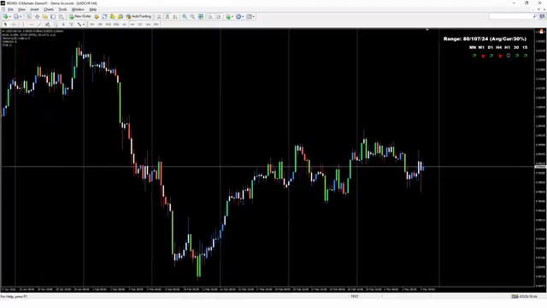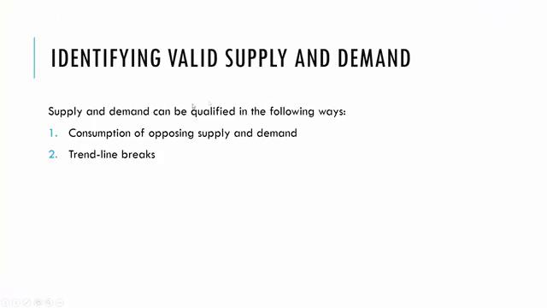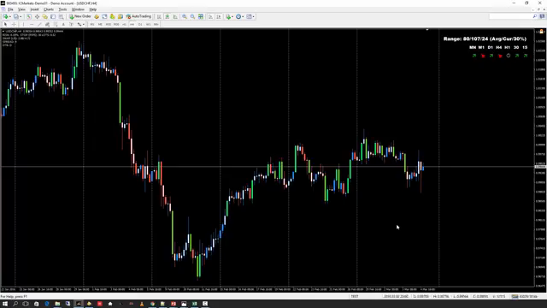And the first rule, which is this one here, consumption of opposing supply and demand. Okay, if we have a look at this area of supply, what is it that makes this area a valid supply? Well, according to the first rule, it has to consume opposing, in this case, demand. And did it do that?